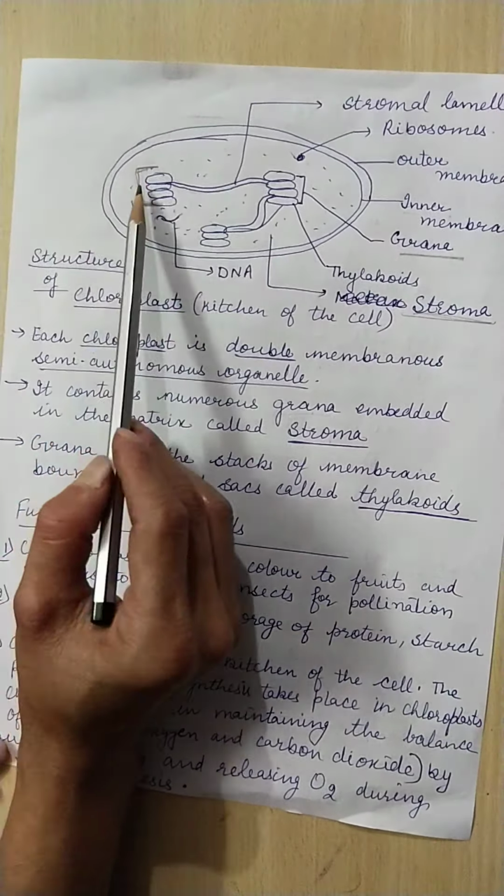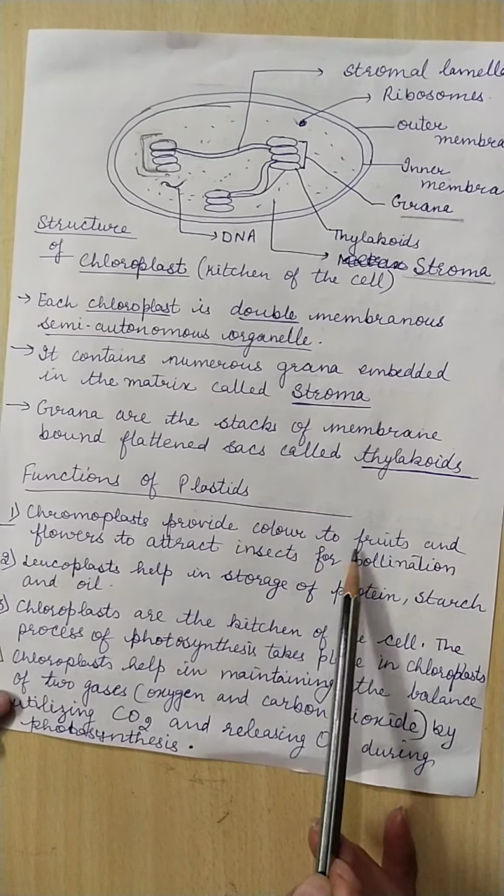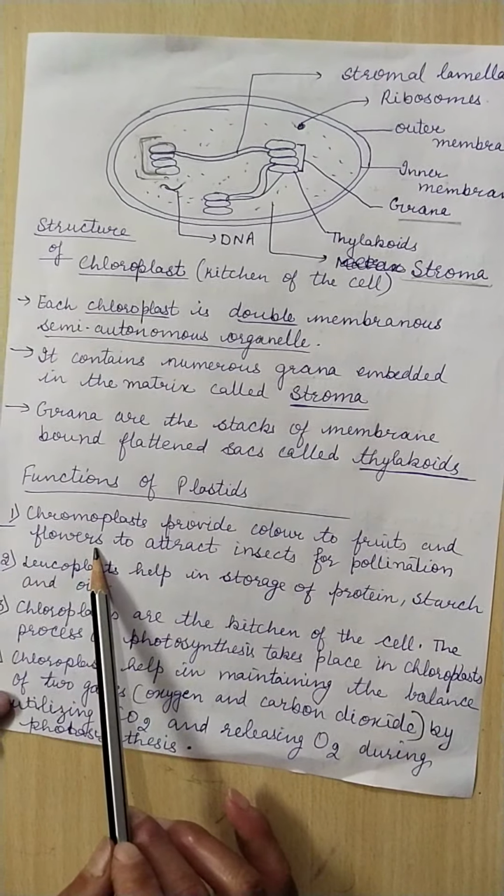Now what are the functions of the plastids? Chromoplasts provide color to fruits as well as to flowers, and towards the attractive colors of the flowers, the insects get attracted. Leucoplasts help in storage of proteins, starch and oil. Chloroplasts are the kitchen of the cell.